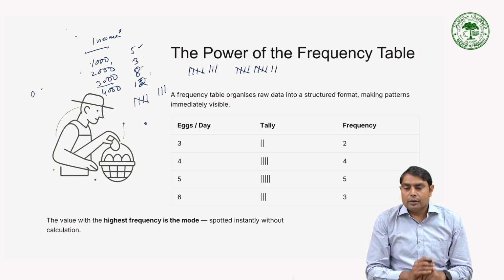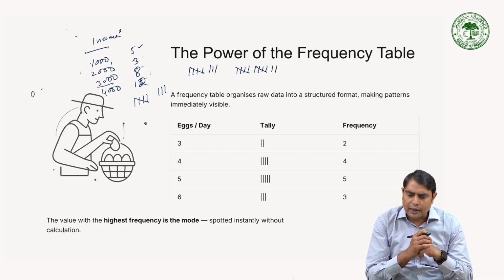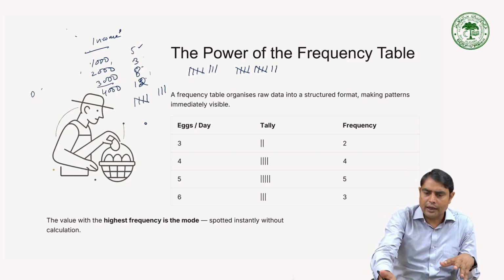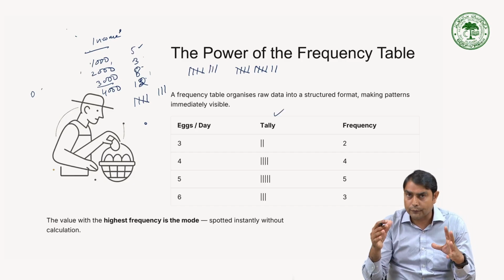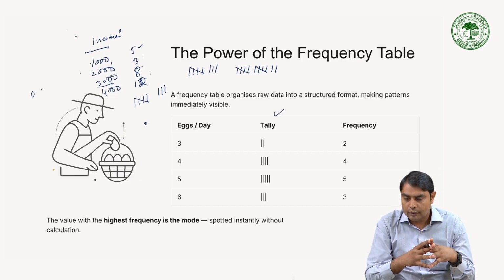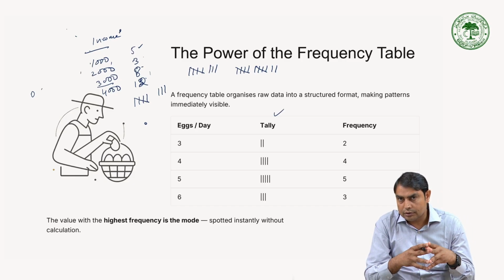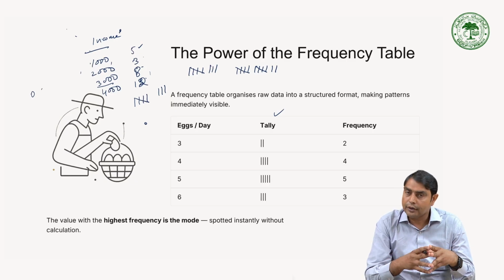This is suitable to find out the mode simply by looking at which has the highest number of groups. You can find out the mode. But can it be a measure for me? Obviously not.